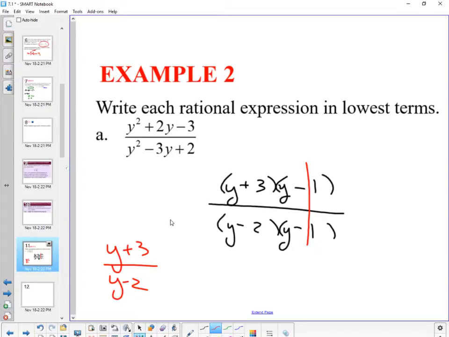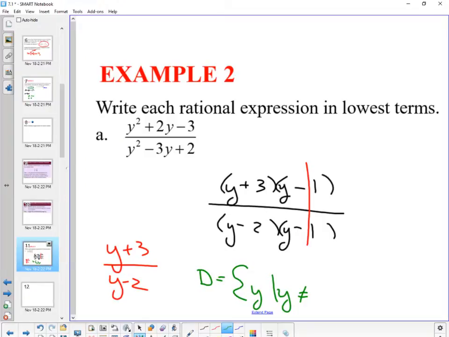Now, while we're here, let's talk about the domain. X can be anything except for... Can someone tell me what X cannot be? Not X, this is wrong. It's Y. What can't it be? What are we worried about?